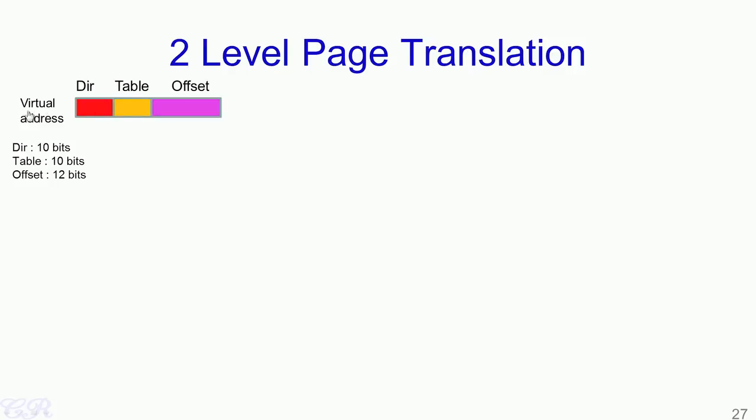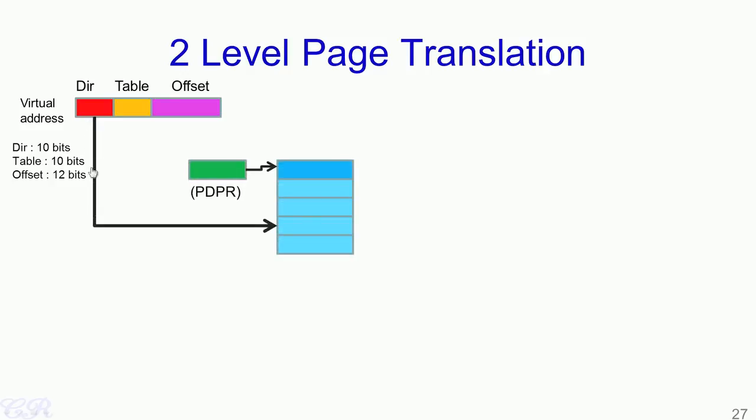Now, corresponding to the virtual address, the directory entry is used to index into something known as a page directory. Now, this page directory is pointed to by the page directory pointer register present in the MMU.